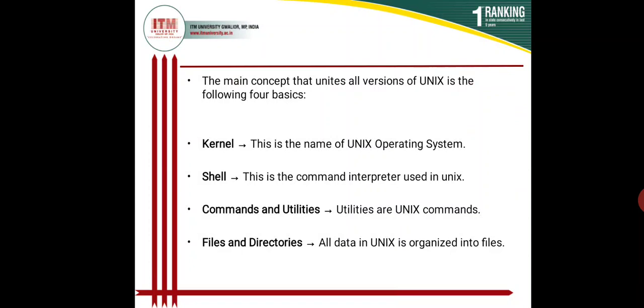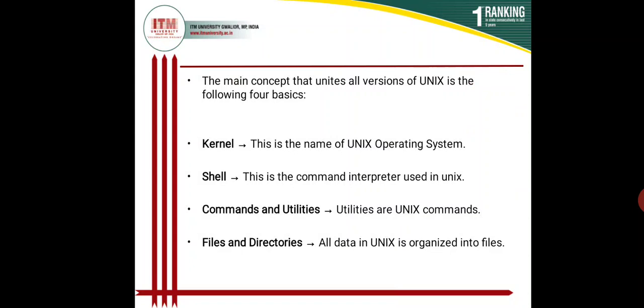The kernel is basically the name of your Unix operating system, and the shell is the command interpreter that will be used by the Unix operating system. After that we have the commands and utilities.